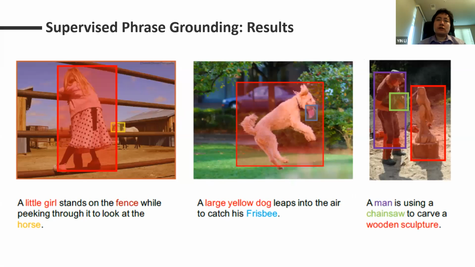So here are some of the results. These are primarily qualitative results shown in this slide. We're able to identify both of these phrases and ground them into the corresponding image regions. So this really works pretty well, given that this is a very strongly supervised model.